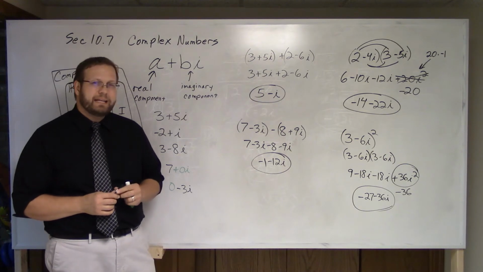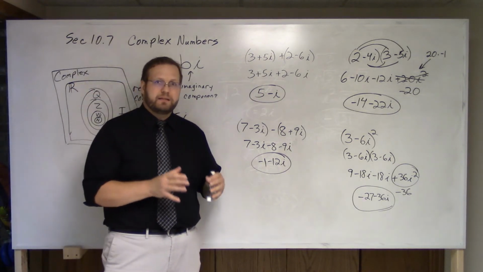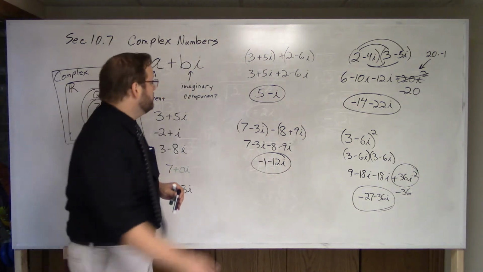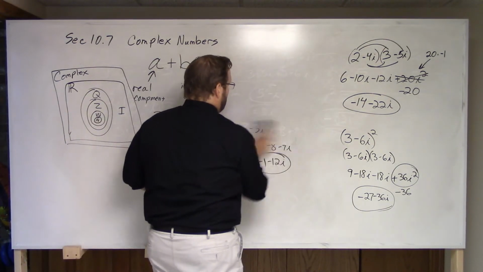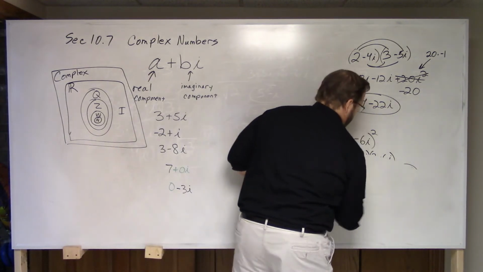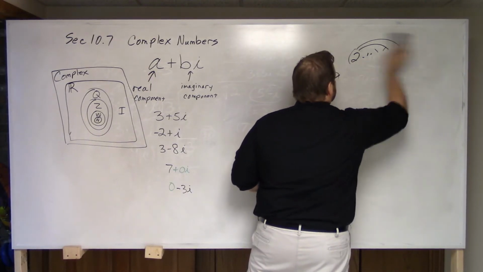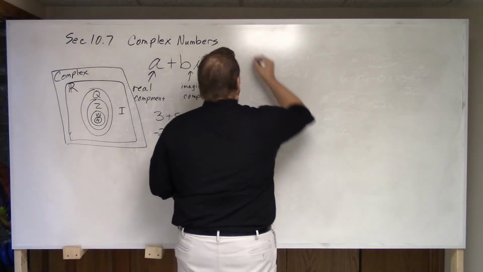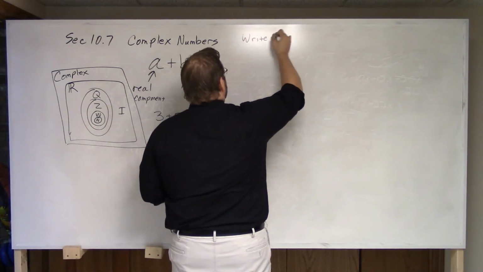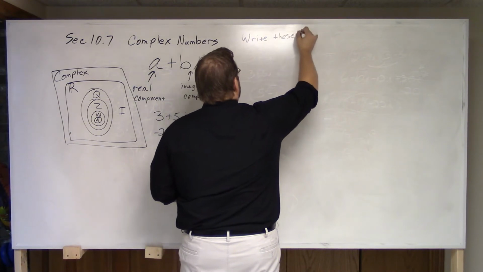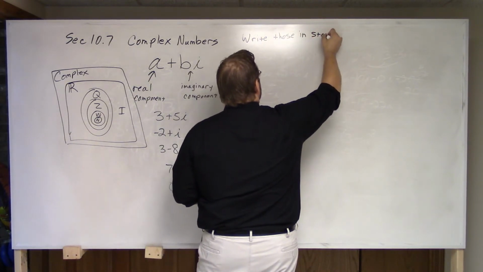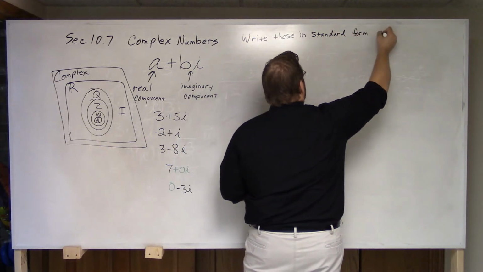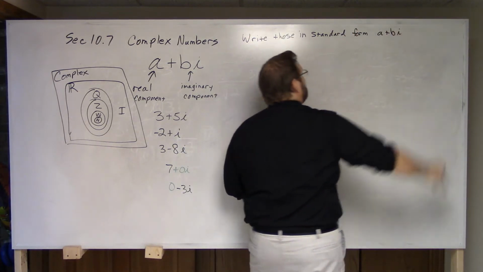Now, dividing, they don't ever really say divide these complex numbers. What they say is, let me clean the board up here for a second. Write these in standard form a plus bi.